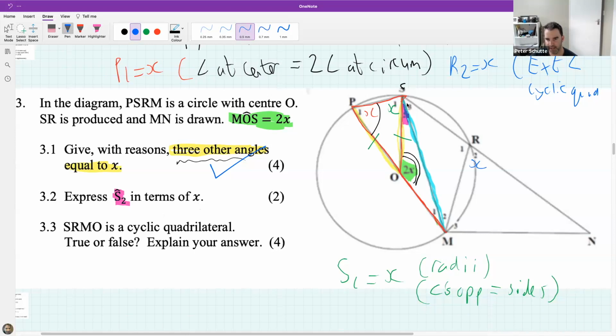The problem is that they wouldn't because they're on different sides. Let me give you an example. If X was 50, then R1 would be 130 because there is a cyclic quad going around the outside here. Can you see it there?